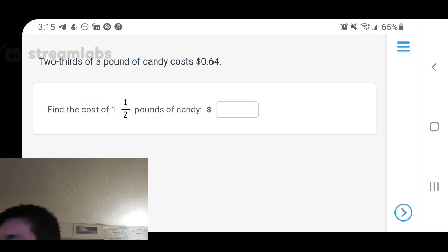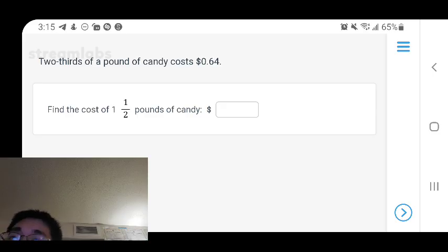I can show you my process. 2/3 of a pound of candy. I mean, I can do X again. Yeah, should I do that method?